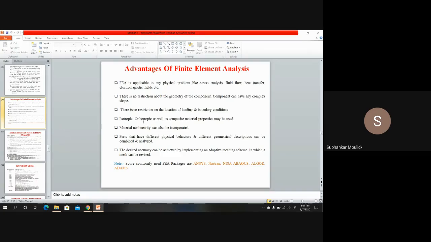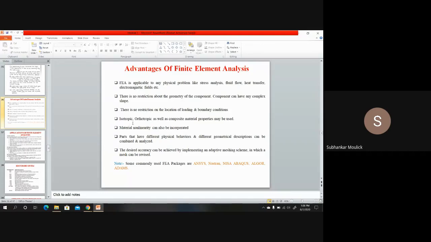Isotropic, orthotropic, as well as composite material properties may be used. That means by the use of FEM, we can solve any given problem made up of different material properties. Isotropic means the material property is the same in all directions.